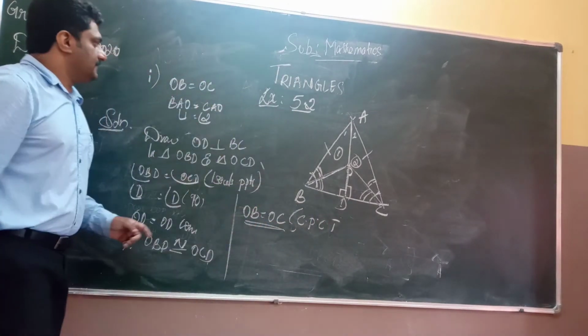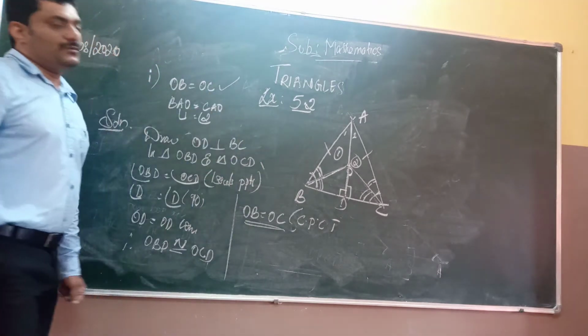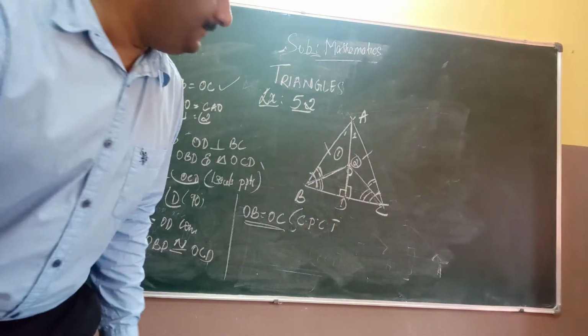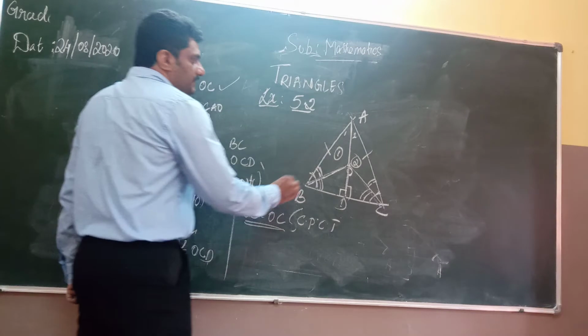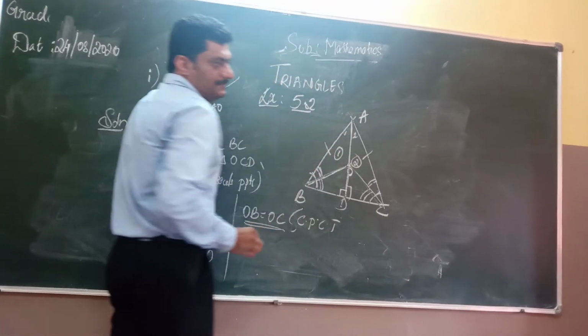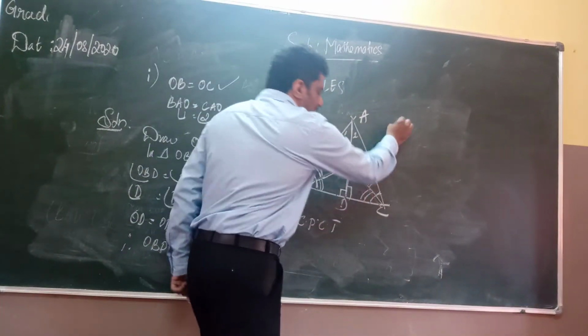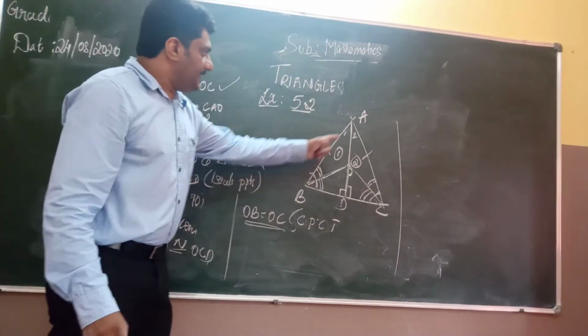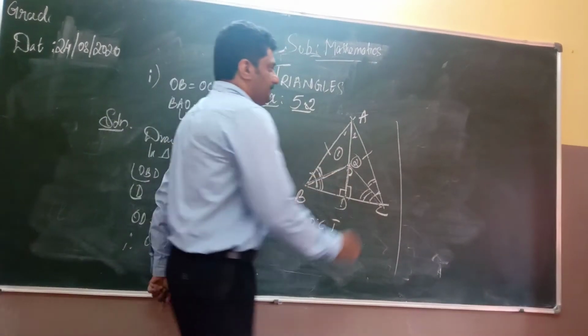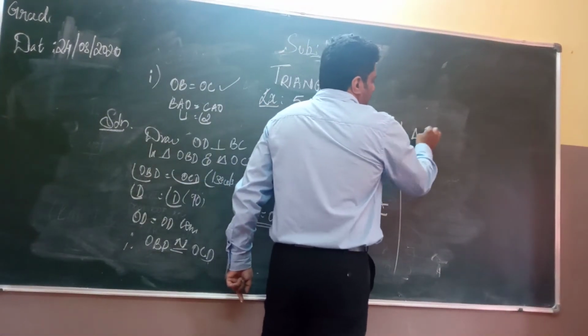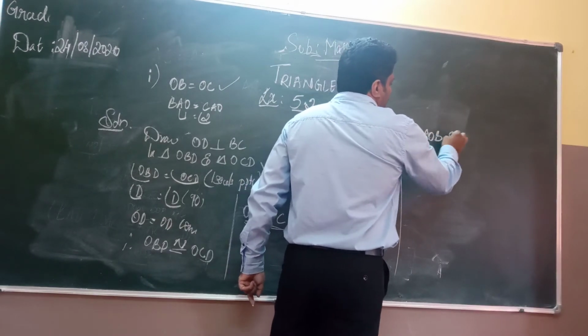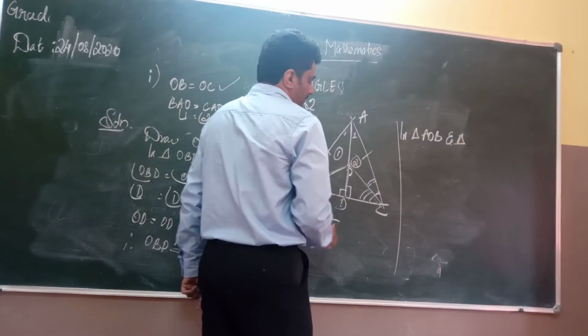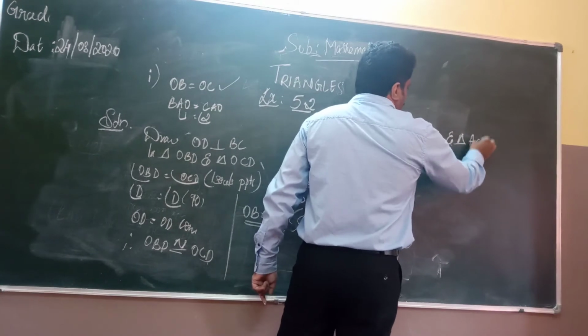This is done, right? Now, what is the next part we have to do? We have to do it with these two angles. Now, how do we start with the next? Take triangle AOB and triangle AOC.